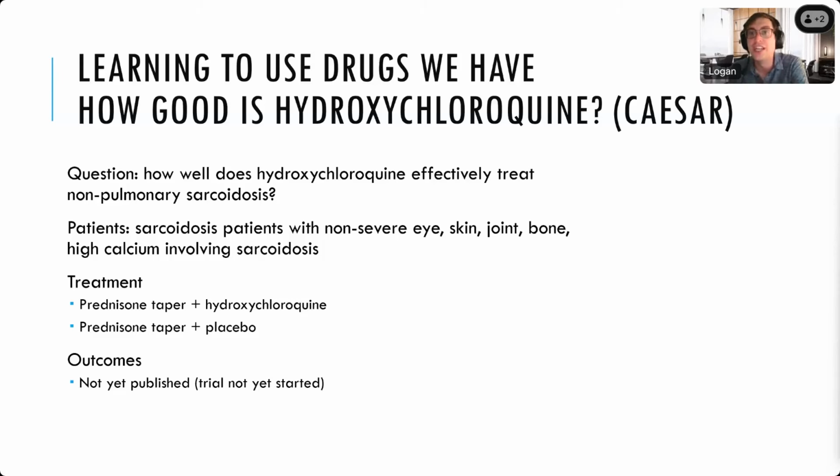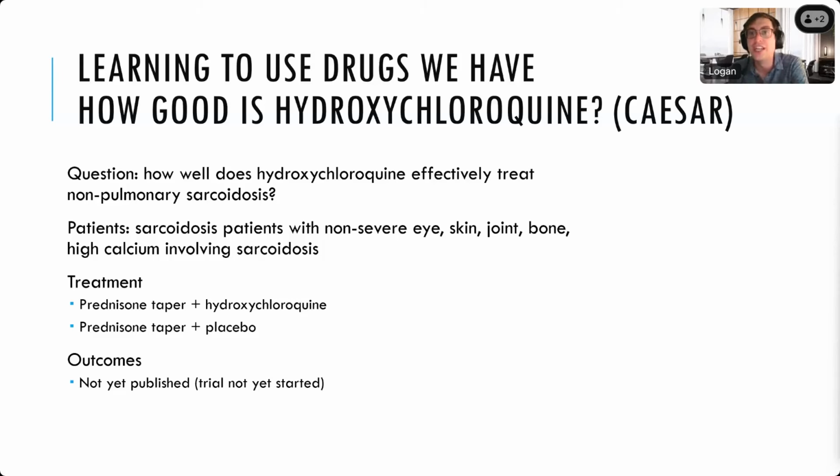One, I wouldn't want to give anybody with sarcoidosis only a placebo, because we do have numerous drugs that do work for sarcoidosis, and I wouldn't want to leave someone without treatment.